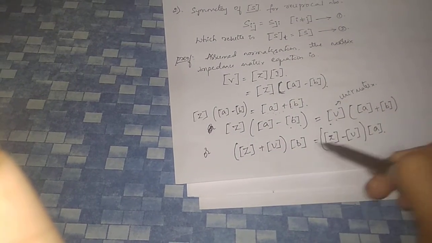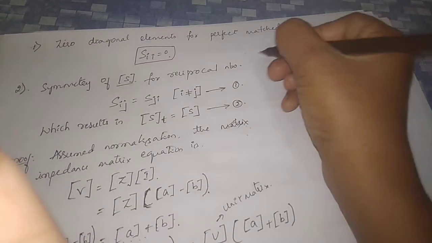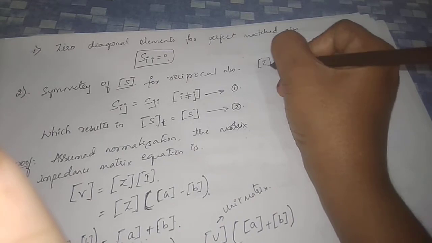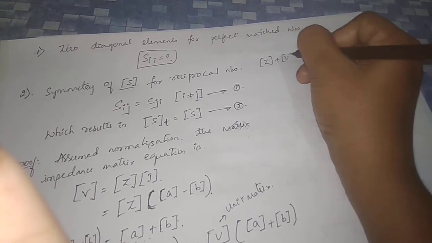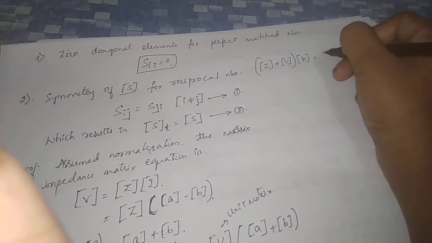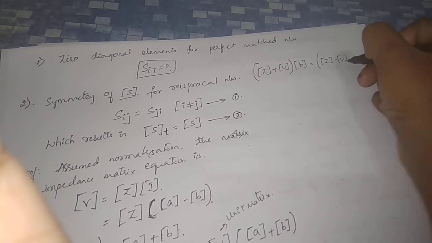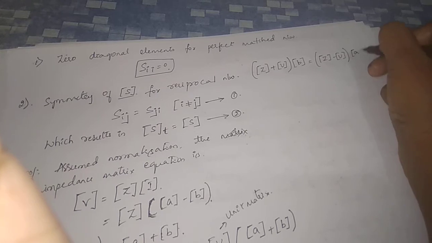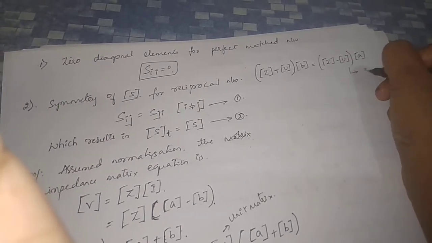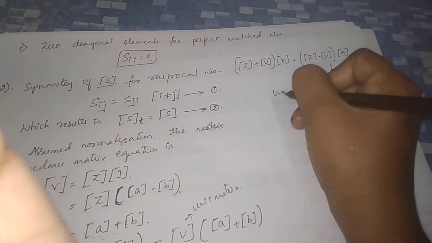Then you have to multiply and simplify, so you'll get this equation: Z plus the unity matrix, multiplied by B, is equal to Z minus the unity matrix, multiplied by A. Let me take this as equation 3. Here U is the unity matrix.